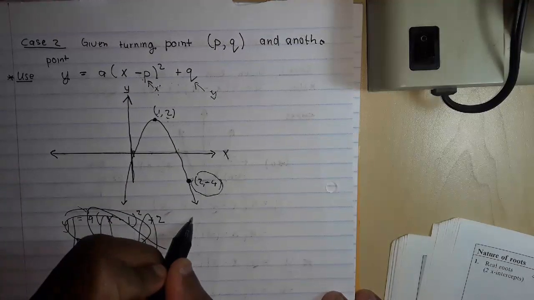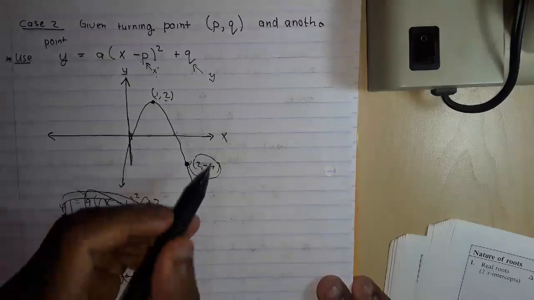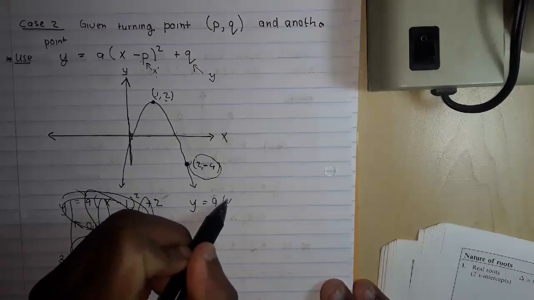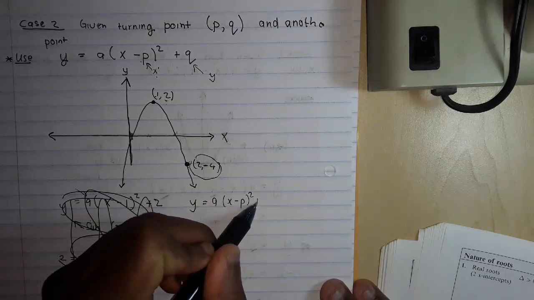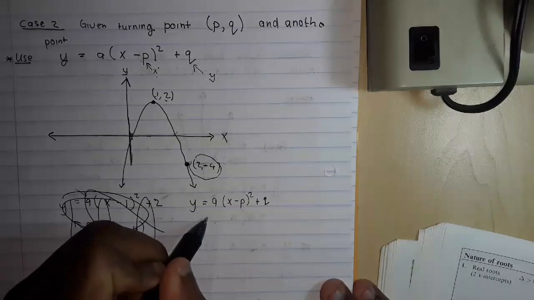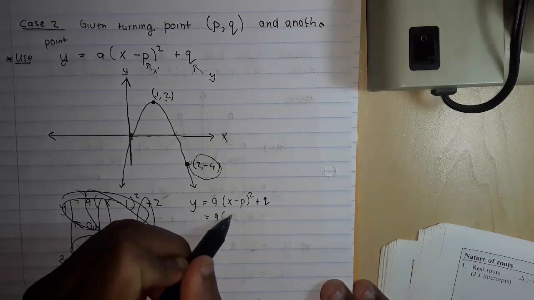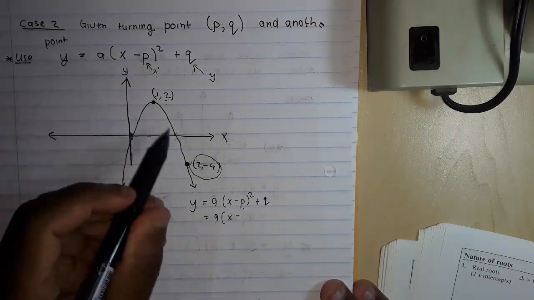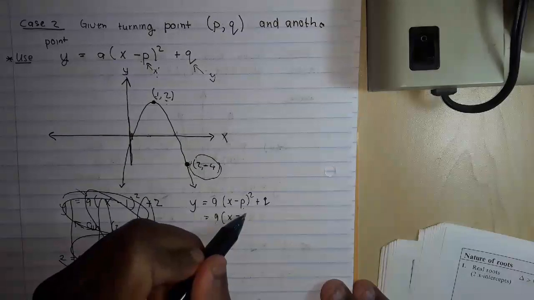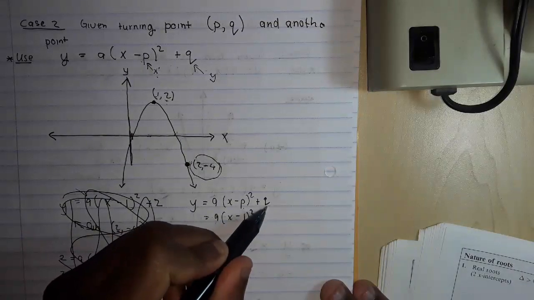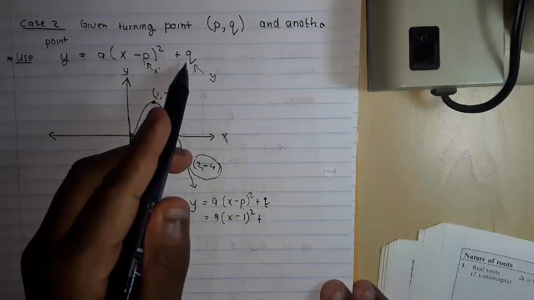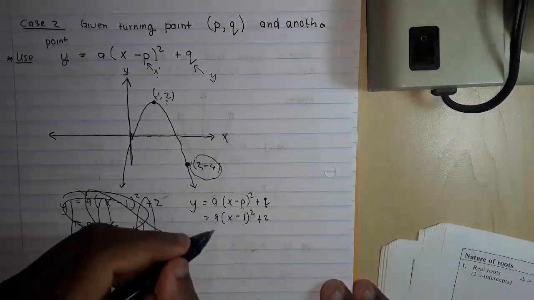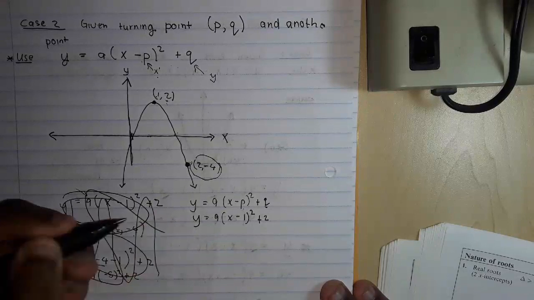So you write down y equals a(x minus p) squared plus q, and then you write x minus the x value of the turning point, and that x value is 1, squared, plus the y value of the turning point, and that value according to here is 2. And then now we have this equation.